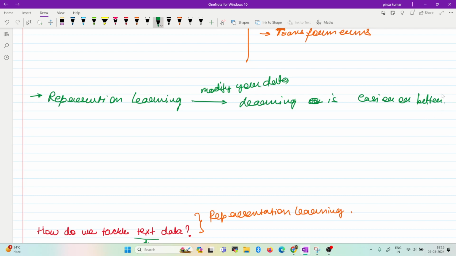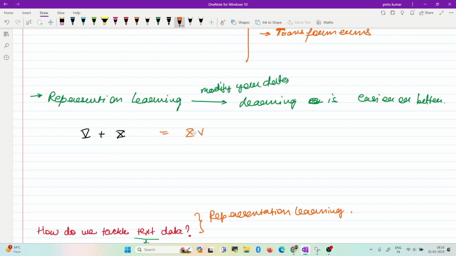I'll give you an interesting example. Let's say you are dealing with the Roman number system. You remember in school you might have done something like this represents 5, this represents 10. Let's say I ask you to add these two numbers. You will straight away tell me that the answer is 15.